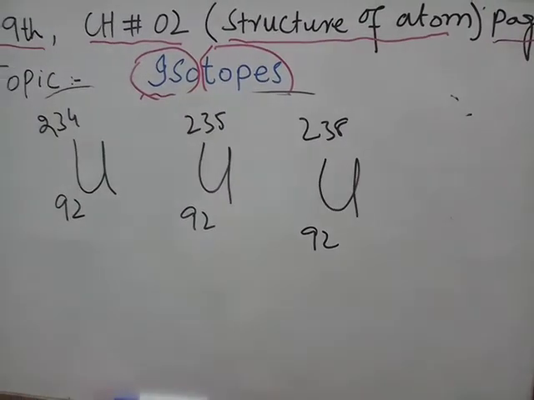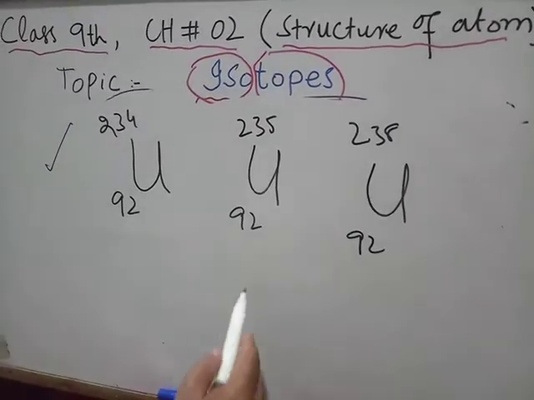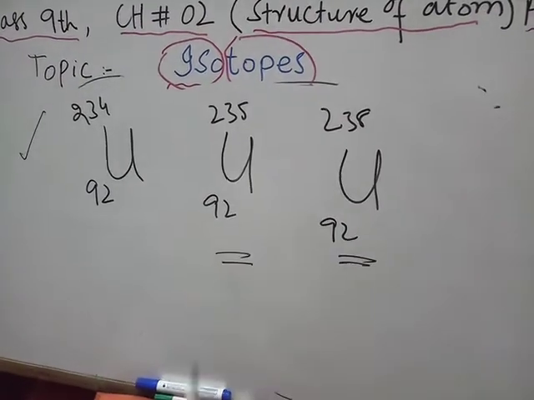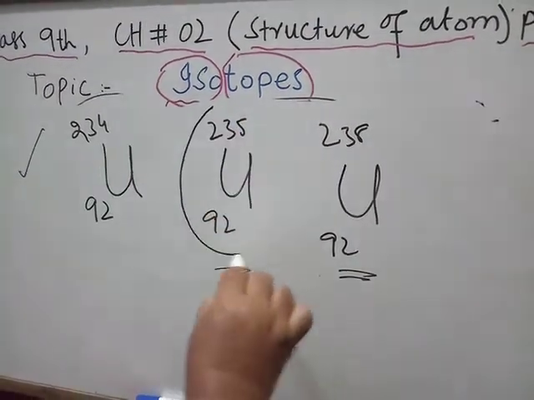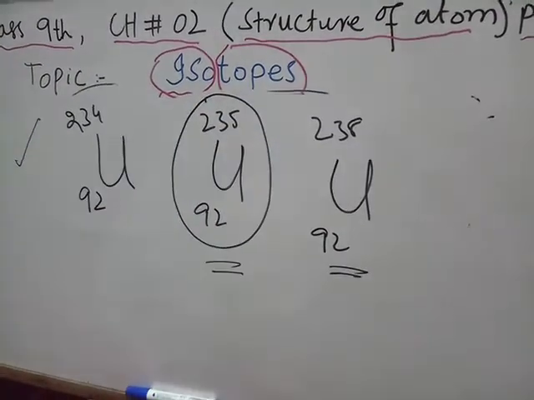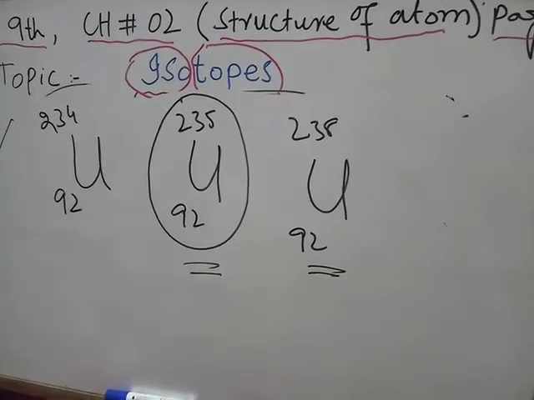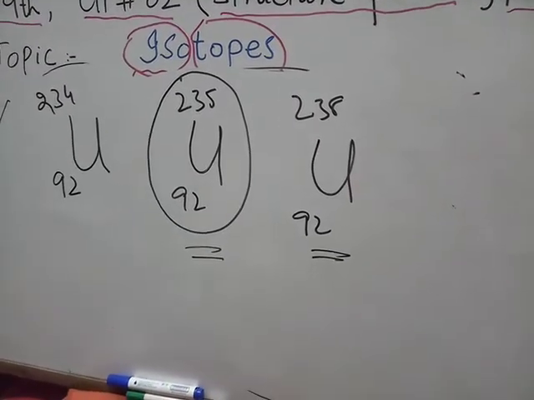This isotope is present in larger amount, this is present in small amount, and this is present in trace amount. Remember that out of these three, uranium 235 is fissionable. Fissionable means it can undergo breakage.